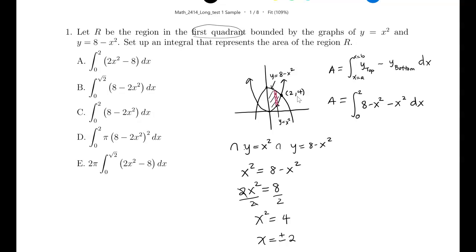All right, so this is the integral that represents the area of the region on the first quadrant. If you look at the choices here, we would need to simplify this. So this is just equal to the integral from 0 to 2 of 8 minus 2x squared dx. And that is choice C.